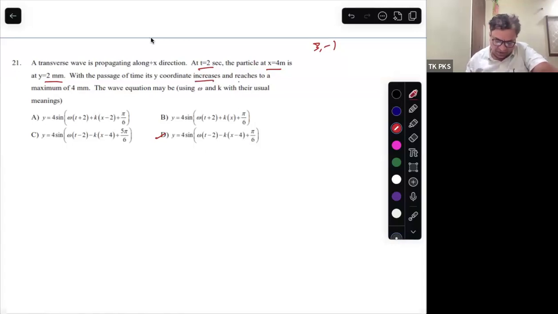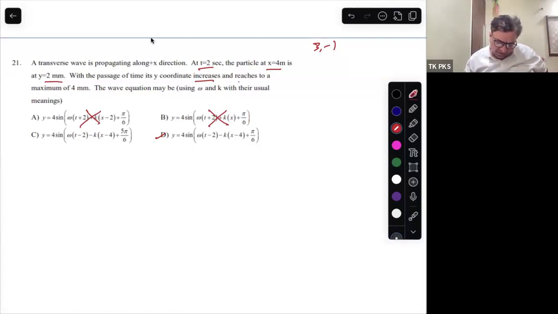See, practically speaking, what should be the wave equation form? First of all, filter the options. This is not going to be the wave. This is not going to be the wave because both are representing a wave propagating in the negative x direction. Now you have two options. One option C, two option D.